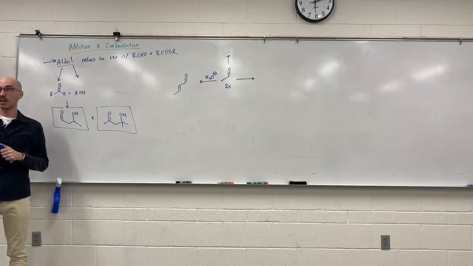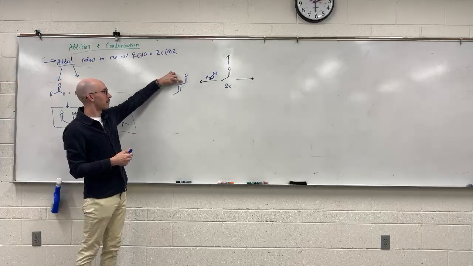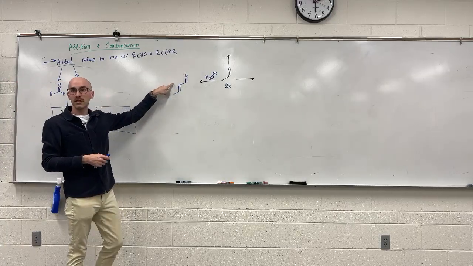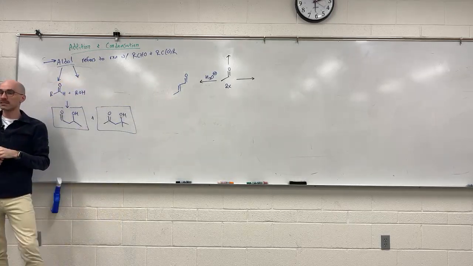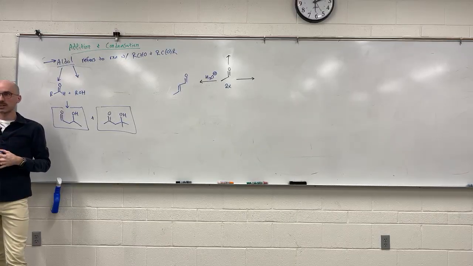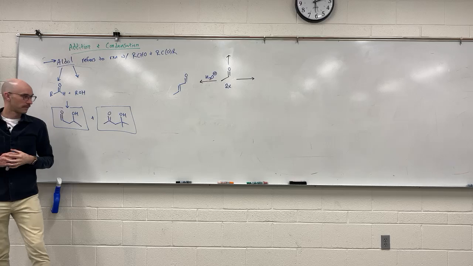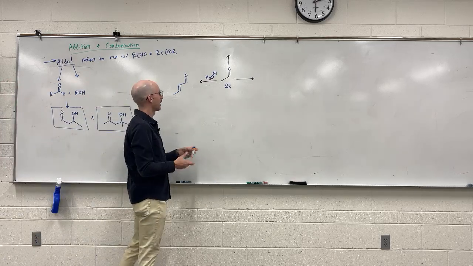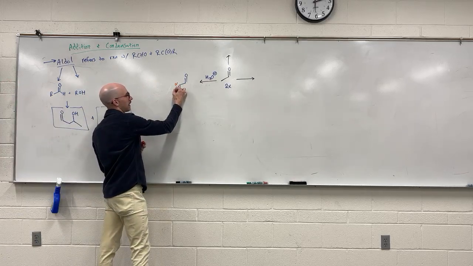A conjugated carbonyl, a conjugated aldehyde. There is a non-stop sequence of p orbitals, so that entire 4-atom sequence is conjugated. And then the other term that we could use to describe a conjugated carbonyl, this is an alpha-beta unsaturated carbonyl.